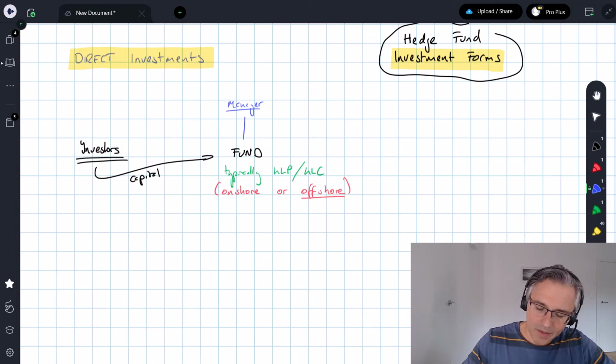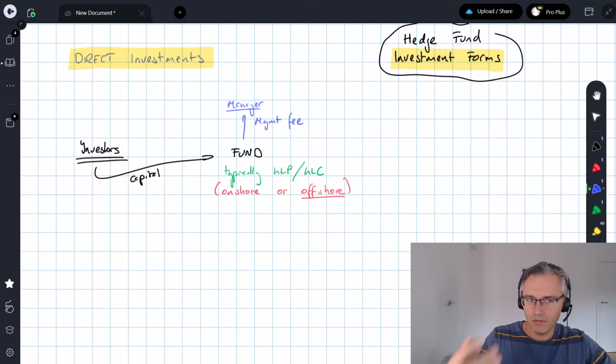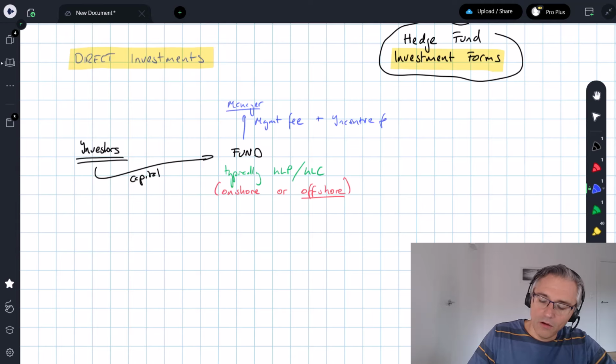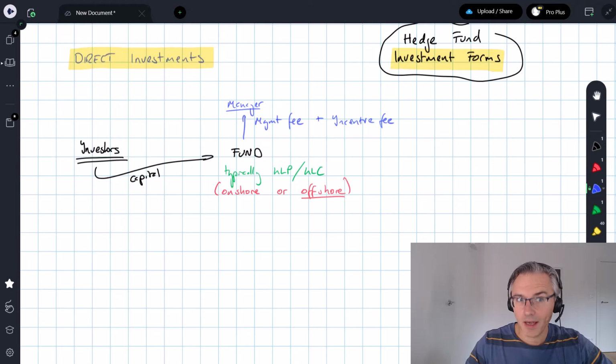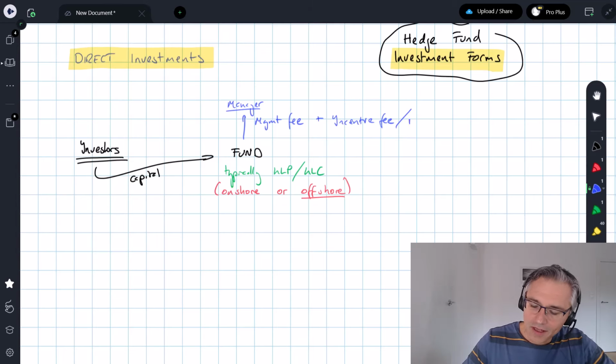In any case, that manager will receive a management fee, which we'll talk about a little bit more in just a moment, and they will also receive performance-based fees, typically known as an incentive fee, which they get if they generate good performance, and what that good performance is we'll mention in just a moment. So that's a performance fee or performance-based fee.